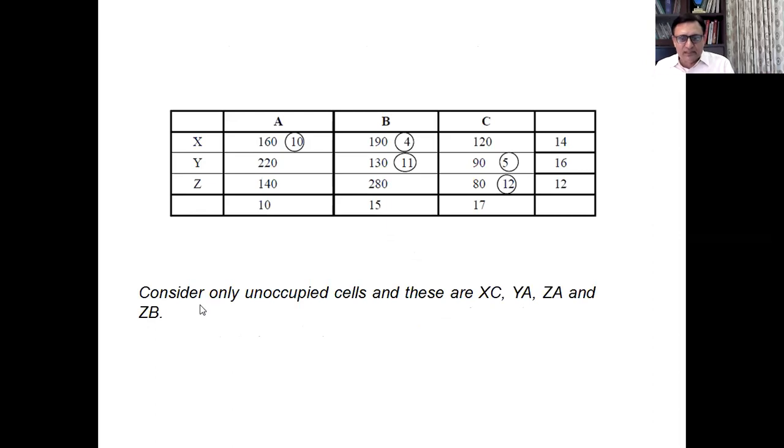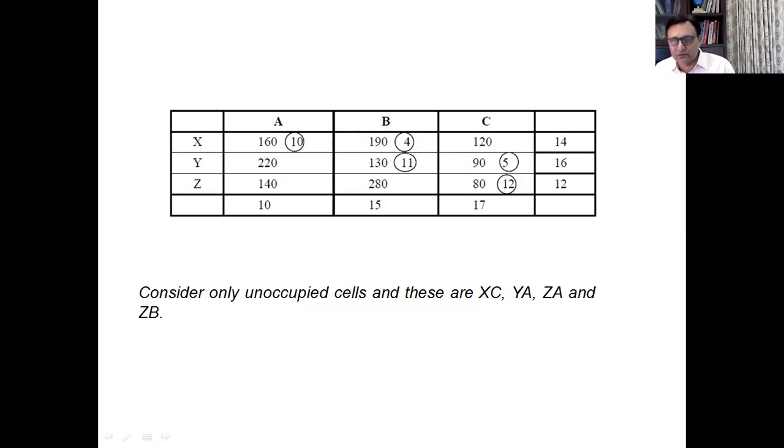So let us take another example. For example, this is an initial feasible solution before us. First we will ensure that, with 3 rows and 3 columns, at least 5 allocations should be there. There are 5 allocations: 1, 2, 3, 4, and 5. So there are 5 occupied cells and 4 unoccupied cells.